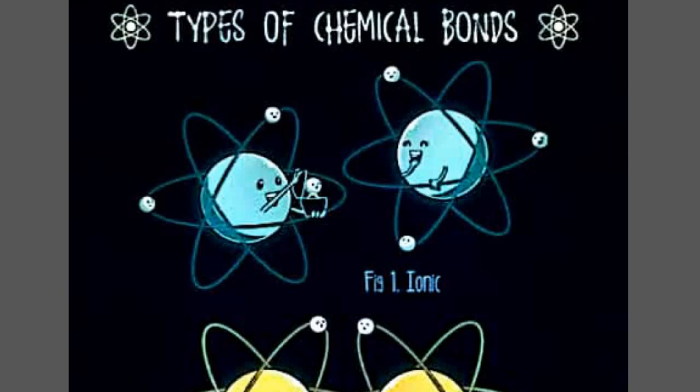In this video, we will be talking about the types of chemical bonds, and I will tell you the different types of bonds. We are going to focus on only one type of chemical bond, and that is the ionic bond.